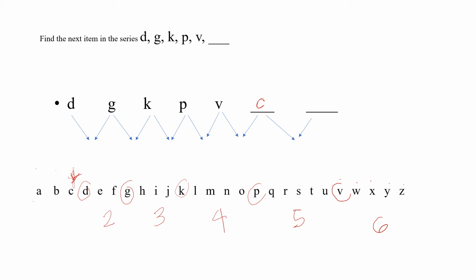When we skip 6 from C, we're going to skip 7. So we count 1, 2, 3, 4, 5, 6, 7. So the next term that we're going to have in the series will be a K.